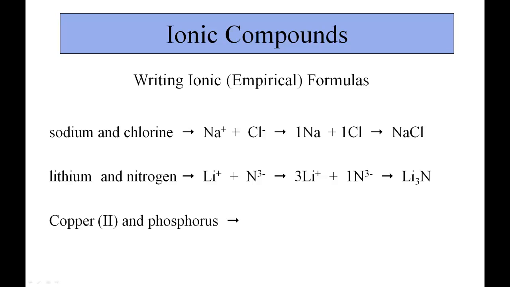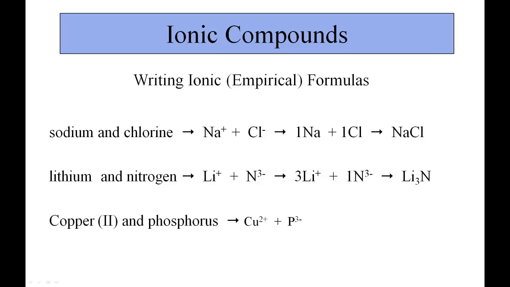In this next example, we have copper and phosphorus. Now copper is a transition metal, which means it can have more than 1 charge. In this case, we've used Roman numerals to tell us its charge. Transition metals are always positive, so in this case copper is a +2. So when I write these out, copper has a +2 and phosphorus, being in group 15, has a charge of -3. Well, neither of these will go into each other, but they both go into 6.